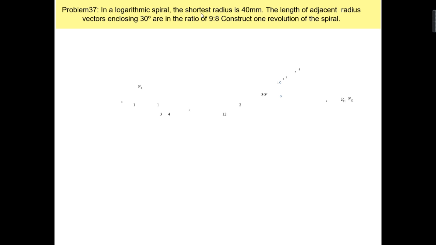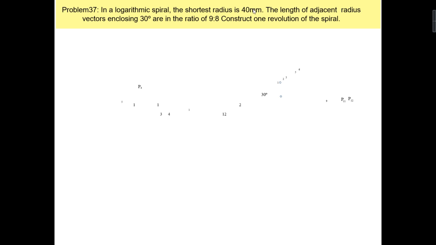So the length of the first radius vector is 40 mm. Then the ratio of radius vectors is given as 9 by 8, which means the length of the next radius vector is 9 by 8 into 40 mm.